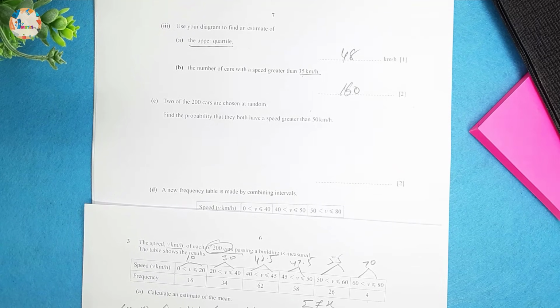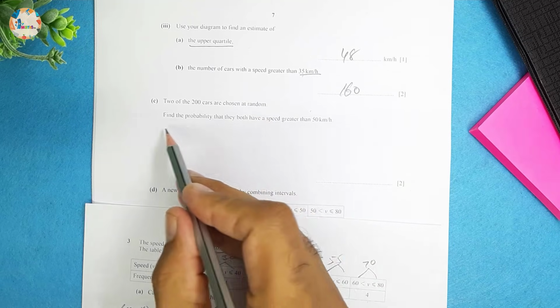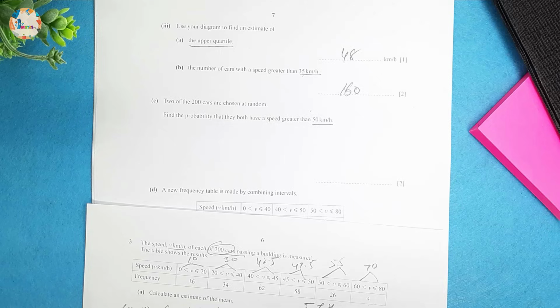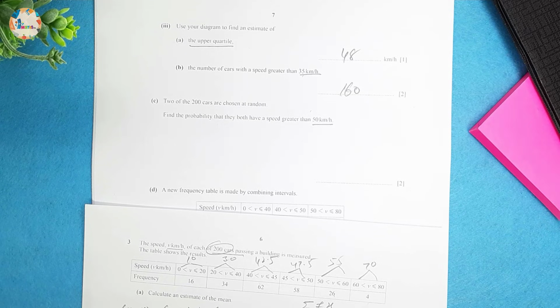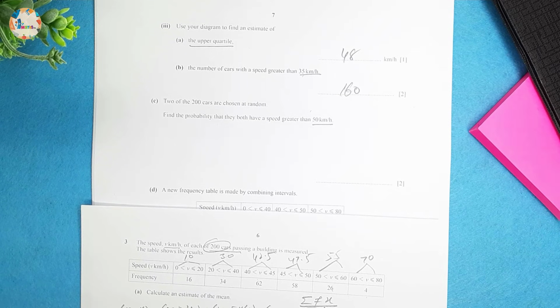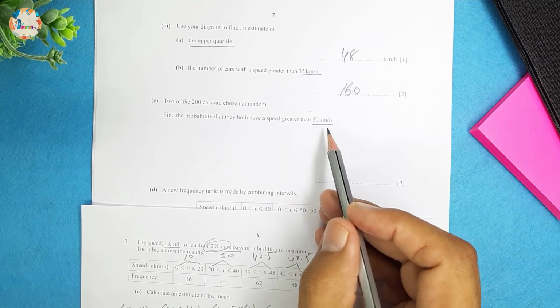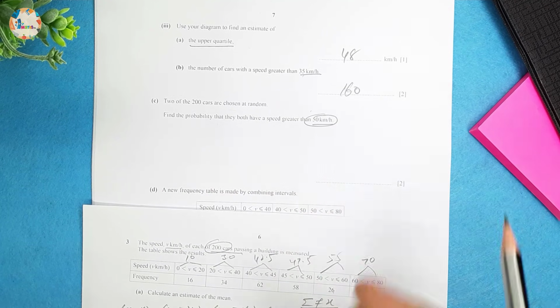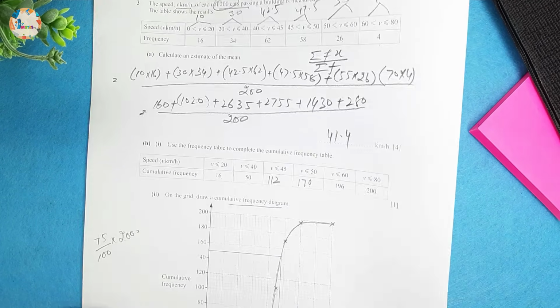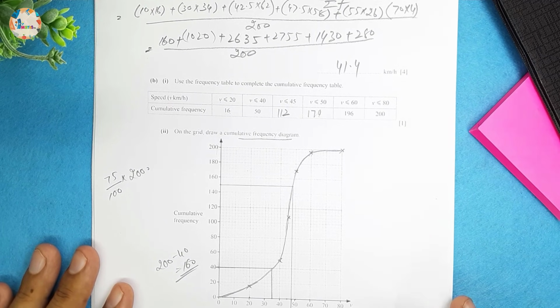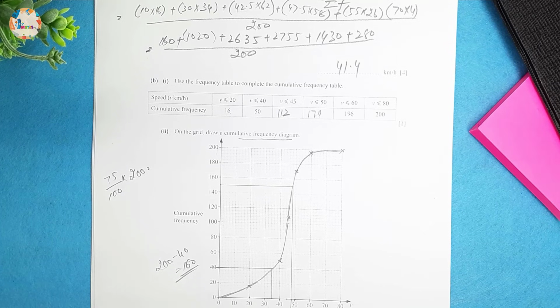Two of the 200 cars are chosen at random. So find the probability that they both have a speed greater than 50 kilometers per hour. So more than 50 kilometer speed are how many, we can check for that.